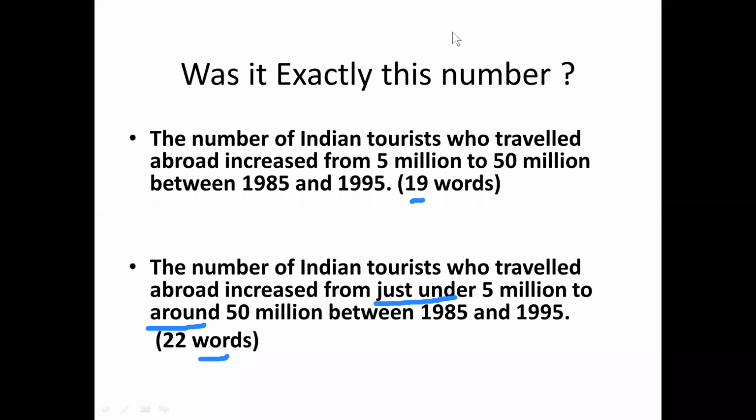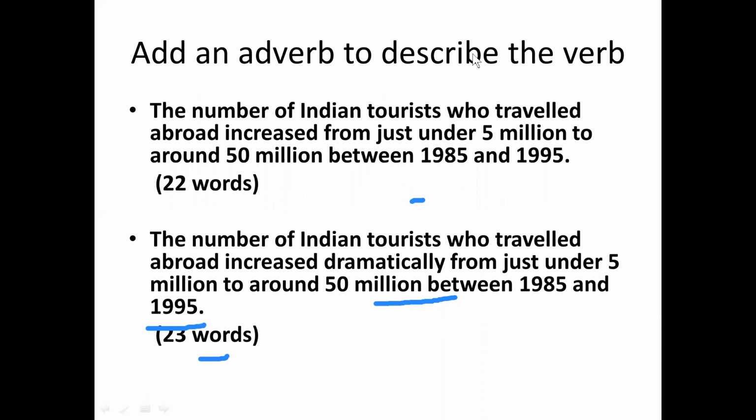Is there a possibility by which we can increase the length of the sentence even more? Let us see that once again. Now we can add an adverb to describe the verb. Let us read the older sentence: the number of Indian tourists who traveled abroad increased from just under 5 million to around 50 million between 1985 and 1995.